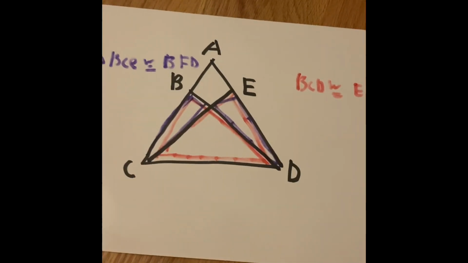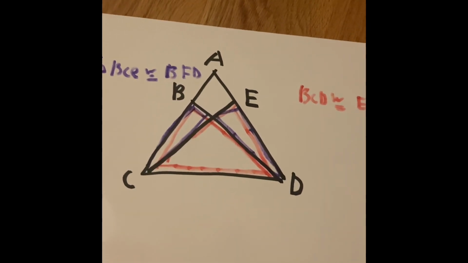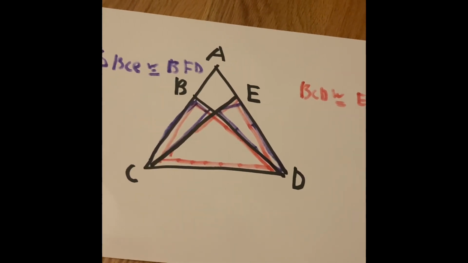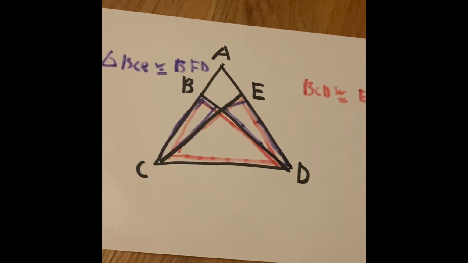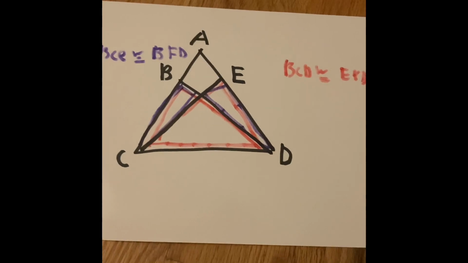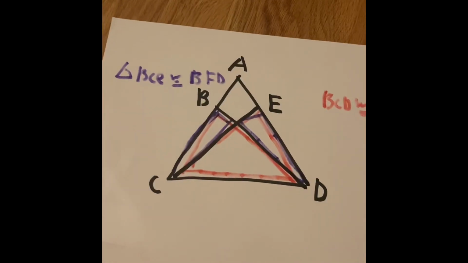Type in the comments below what you think, if there's more pairs you can find, or if there's less. But hang on, there is another one we can find. This is going to be our last one because we're going to use these skills to solve a proof.